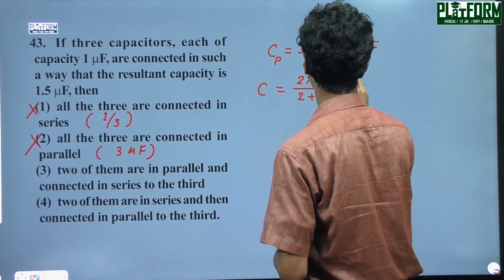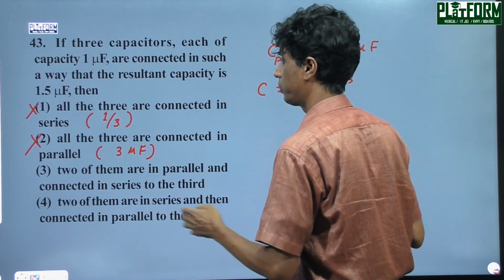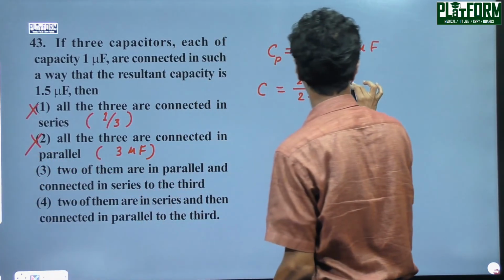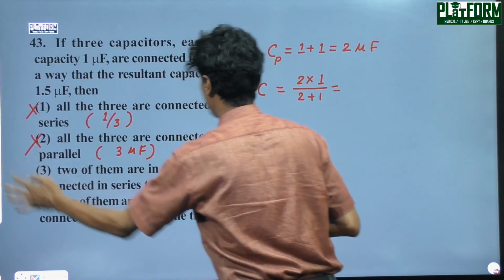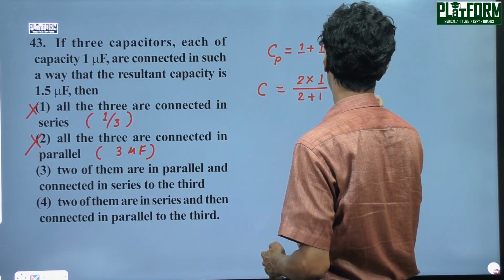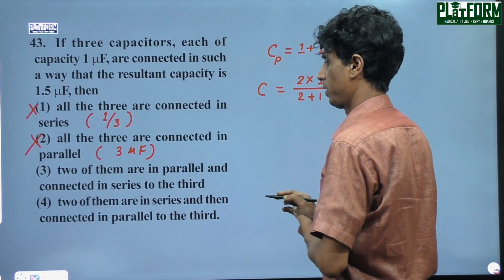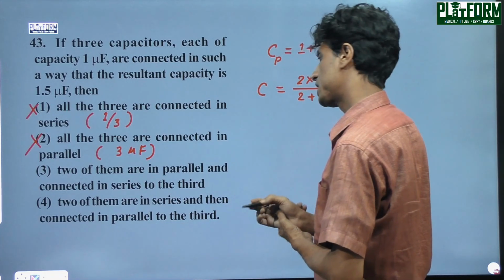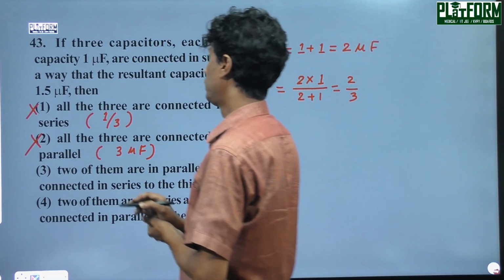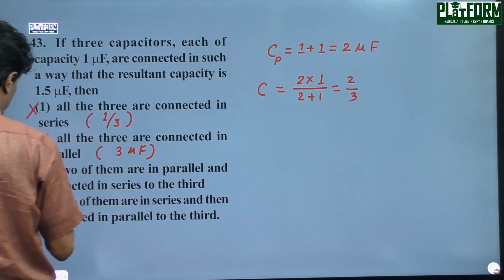This becomes 2 by 3. The result becomes 2 by 3, so this is also not the right option.